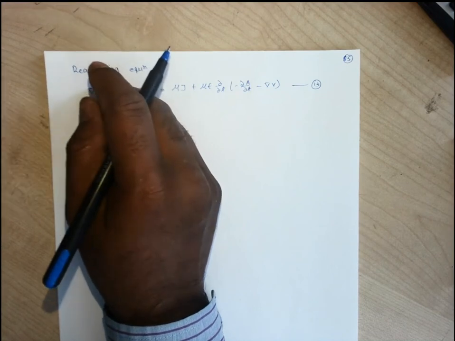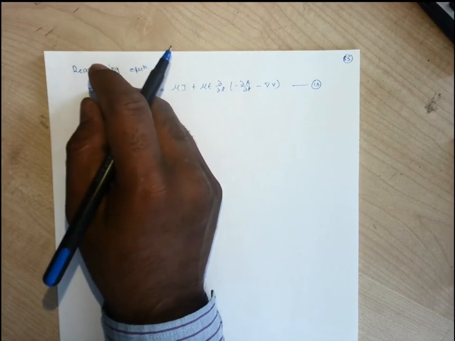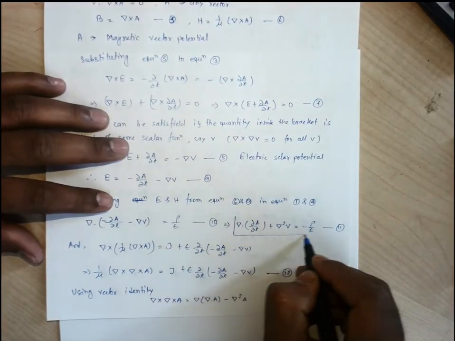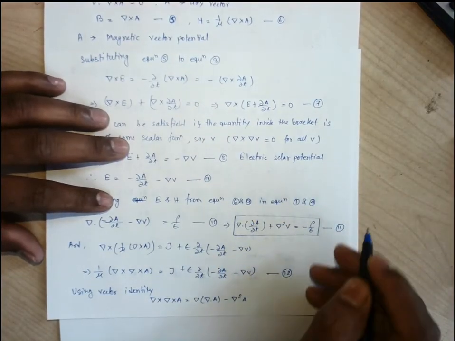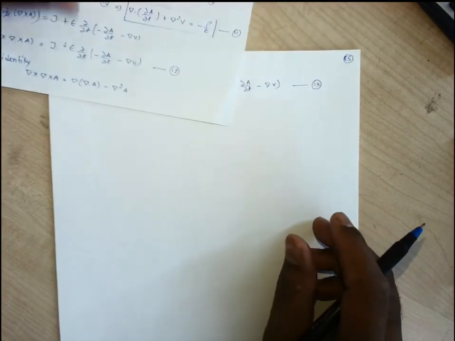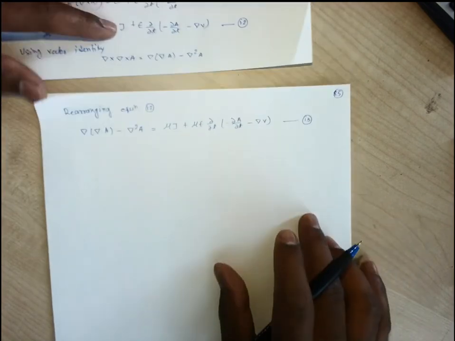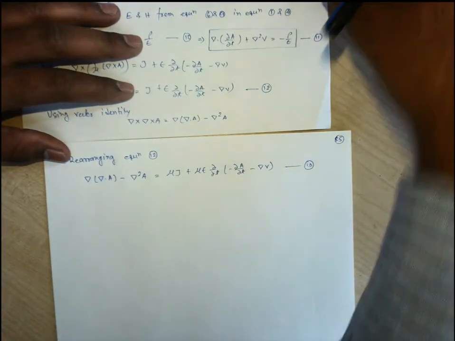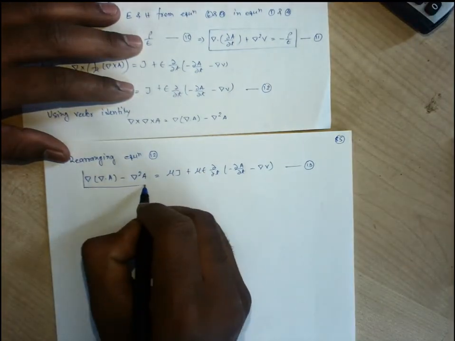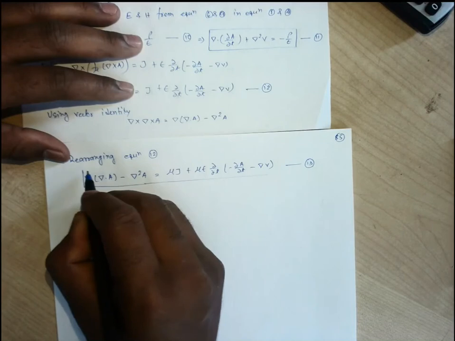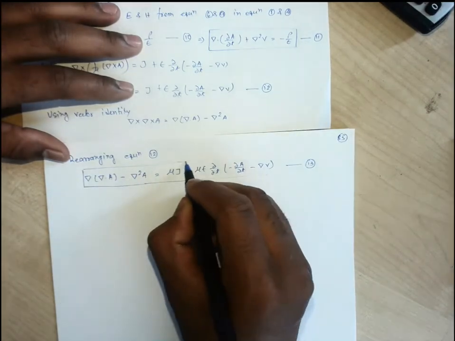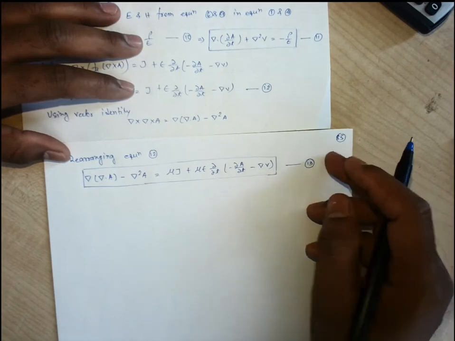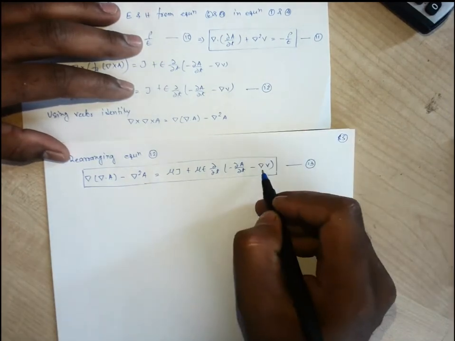So there is one equation, equation number 11, and now we have another equation, equation number 13. Both of these equations have A and V.